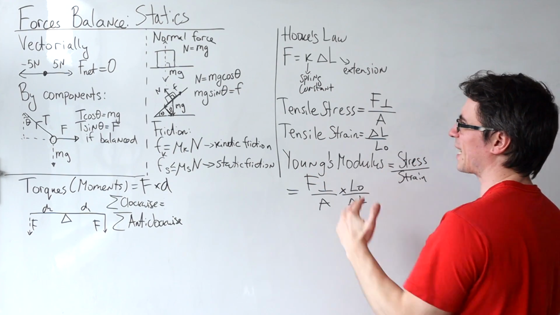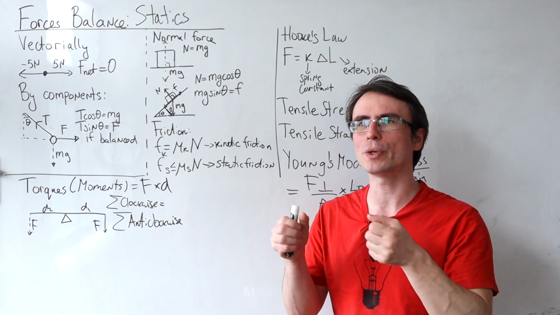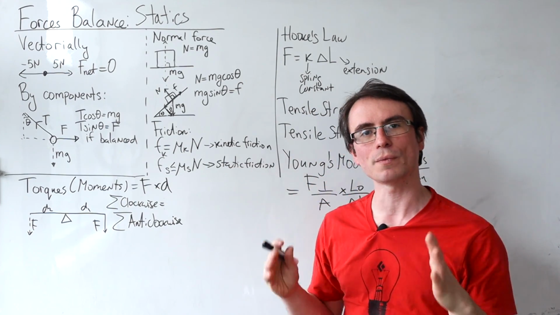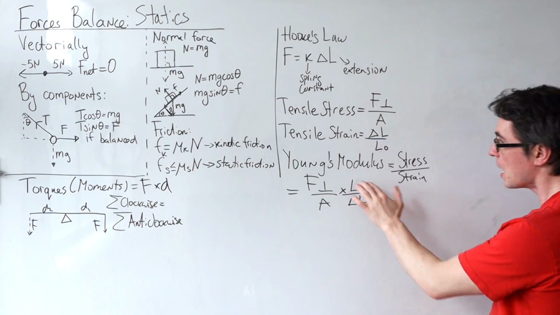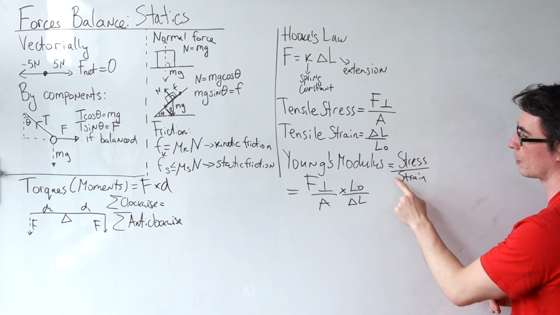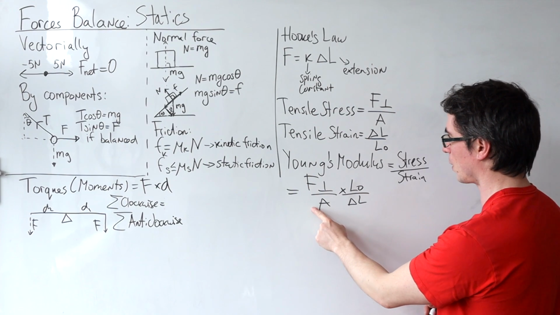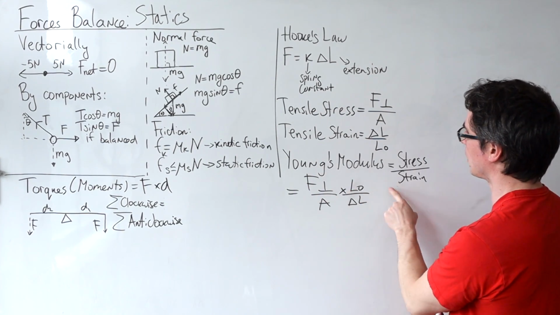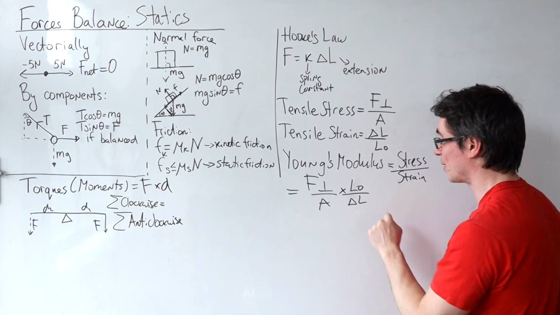So what is a tensile force to begin with? It's simply a force which is stretching an object, to be contrasted with something like a compressive force, which is trying to compress it. Young's modulus is simply defined as tensile stress over tensile strain, and if we play around with these equations, we get the force divided by the area, and then dividing by the strain means multiplying by L0 divided by delta L.